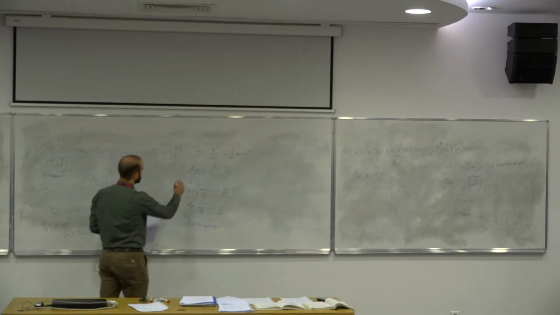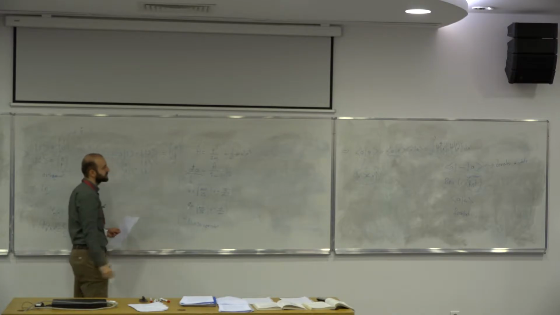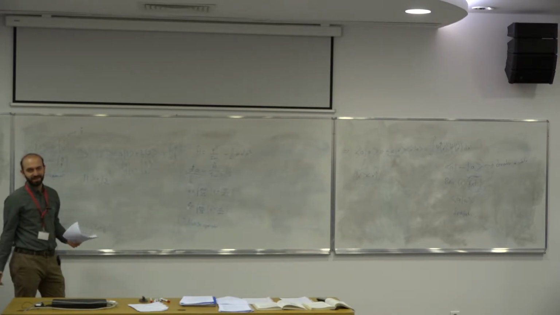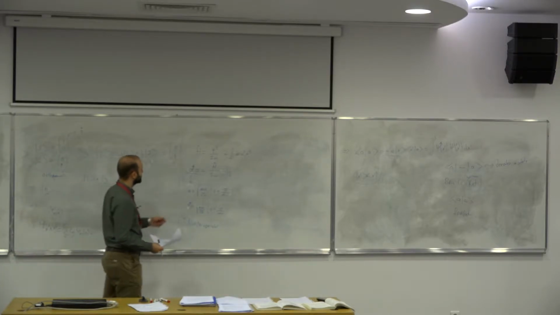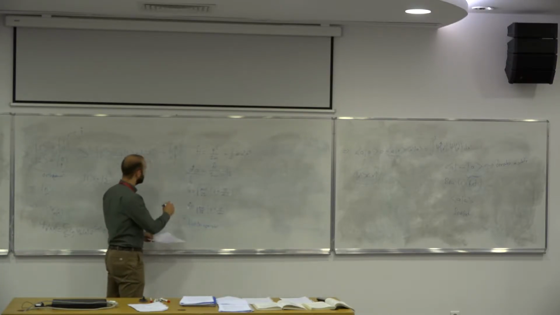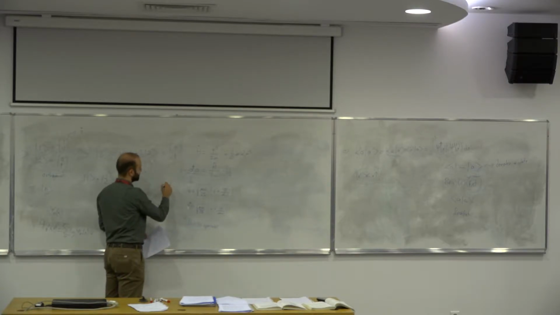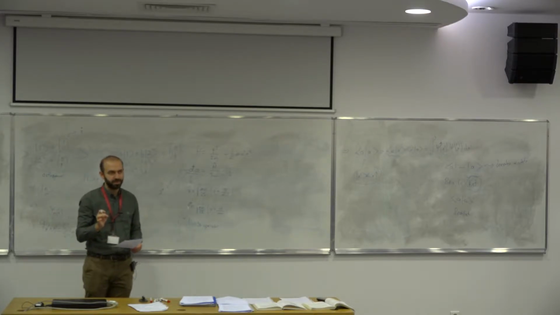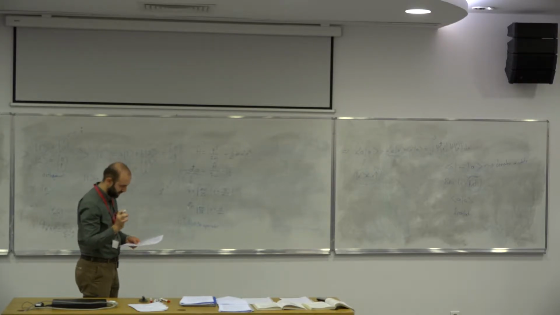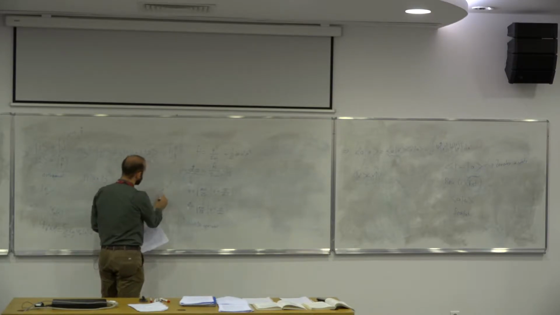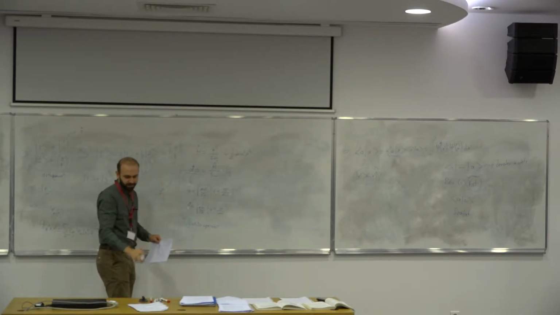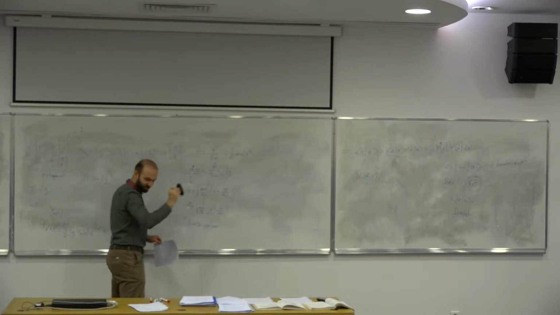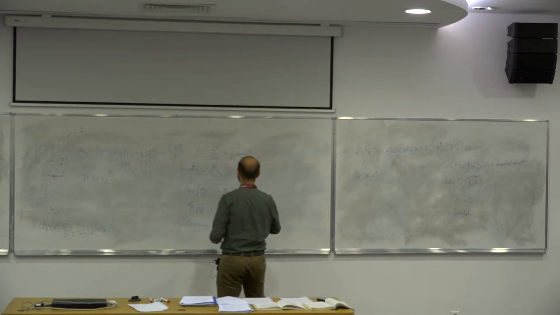When you see a dagger on top of an operator, it means it's typically an observable. I'm not going to go into that detail. It's a Hermitian operator, but I'm not going to say that.